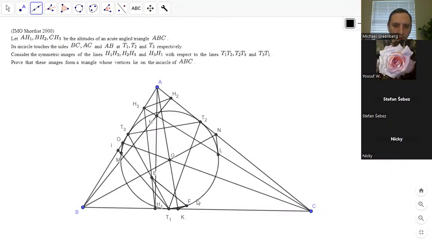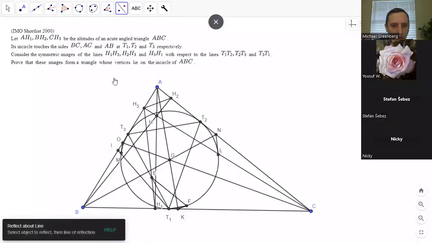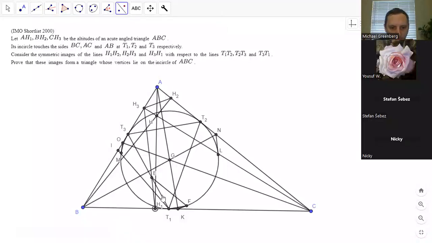We want to show this as an angle bisector. Isn't the reflection of H1 through T1, T3 lying on it?